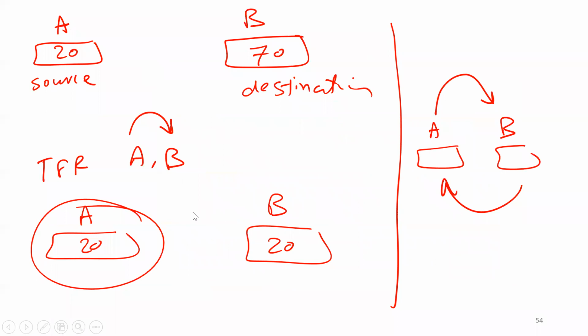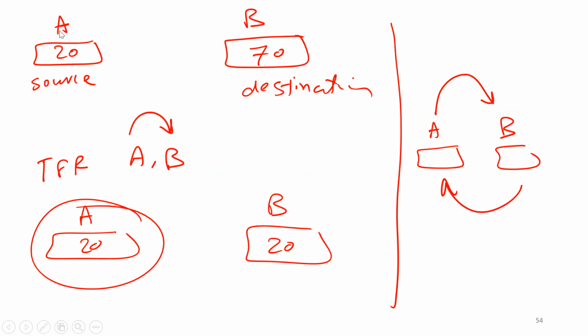Anyway, here I want to tell you something. When you say, for example, transfer A, comma B, what this is doing is copying register A to register B. Register A we call the source, and register B we call the destination. After you execute this instruction, the source should not change, but the destination should change.